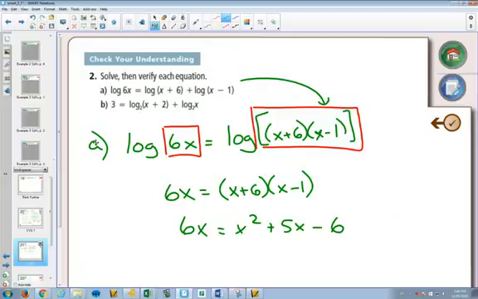The log law says whenever you're adding two logs, it's the same as multiplying inside the logarithm. What would you do next? Make one side equal to 0.